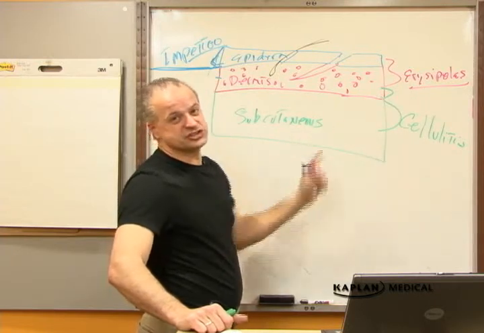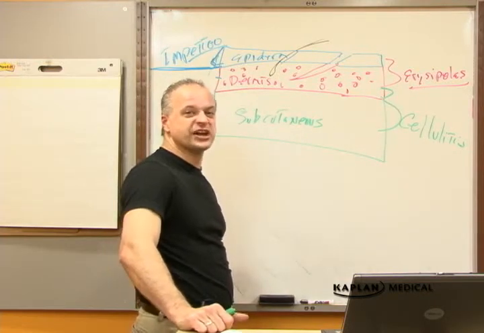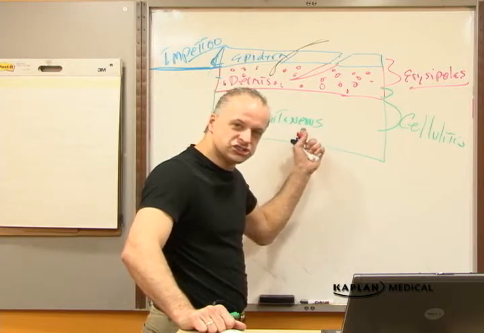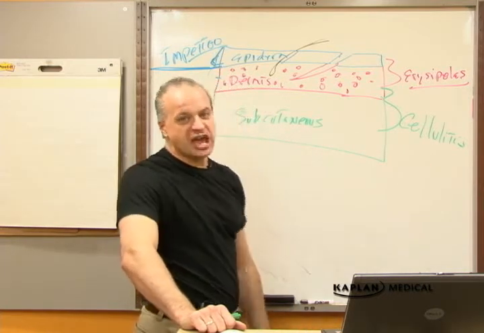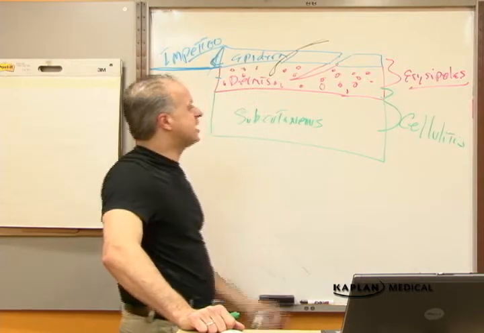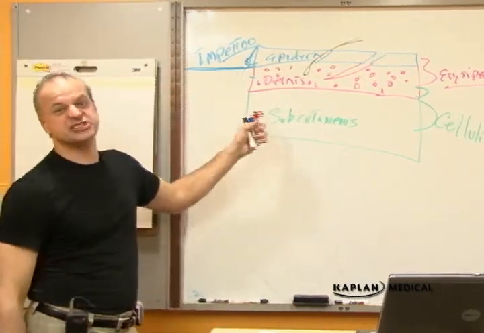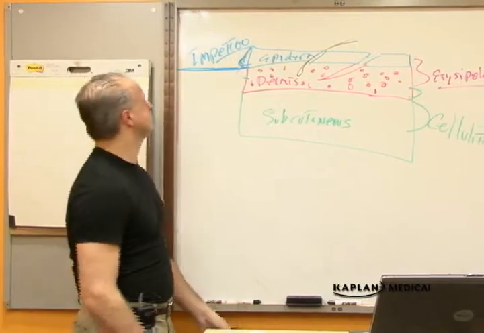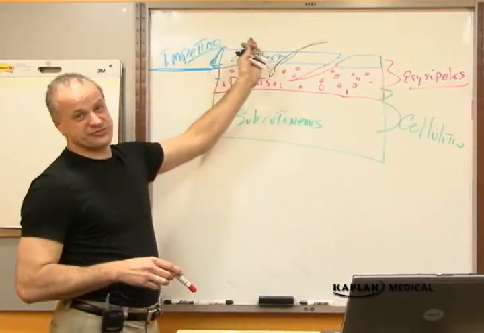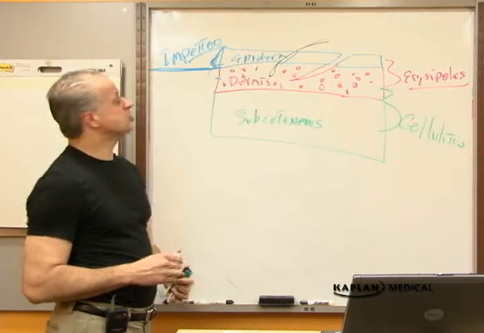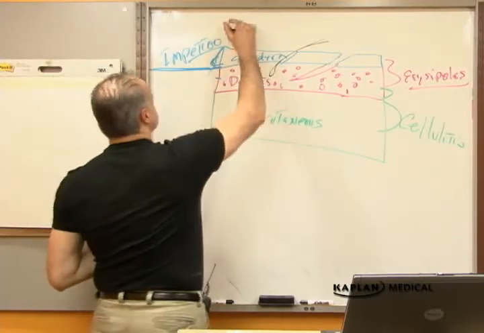The staph that causes skin infections: staph aureus or staph epidermidis? And the answer is staph aureus. Staph epidermidis lives there. Now, because impetigo is very superficial and on top, you can treat it with topicals.